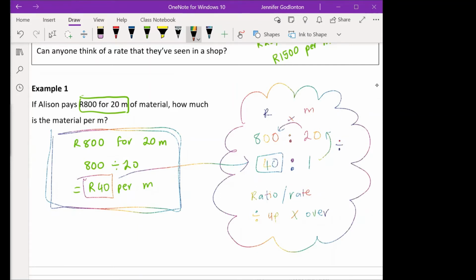Let's say they say, how much material can you buy with 1,600? So you cannot just go and say 1,600 divided by 20. You would rather use this method. Do you mind writing that, ma'am? 800 is to 20.